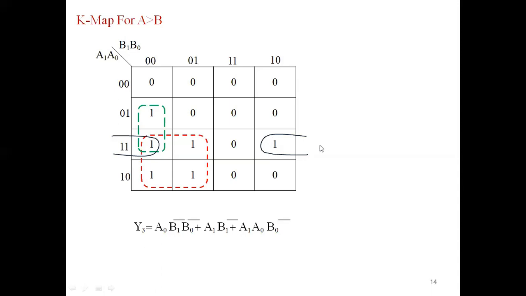Here also adjacent cells we pair. So finally we got the output: Y3 is equal to A0 B1 bar B0 bar plus A1 B1 bar plus A1 A0 B0 bar. This is the output expression for A is greater than B.